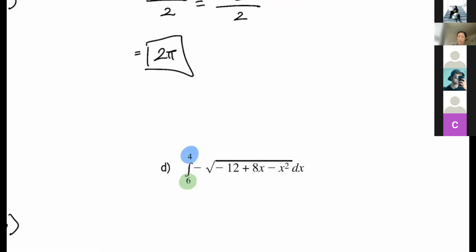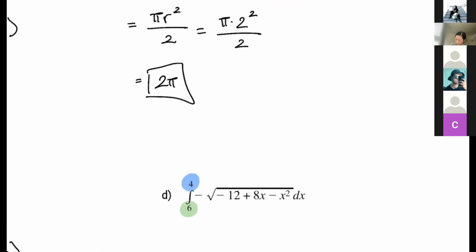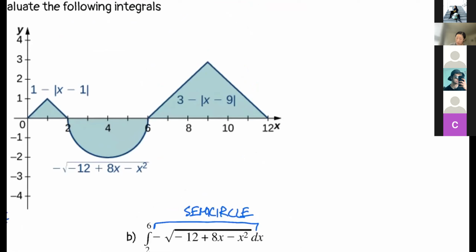So knowing that we're starting at 6 and we're going to 4, let's actually draw that on our graph. Okay. So if I'm starting at 6, I know that I'm starting here. And when I'm ending at 4, I'm ending here. Okay.